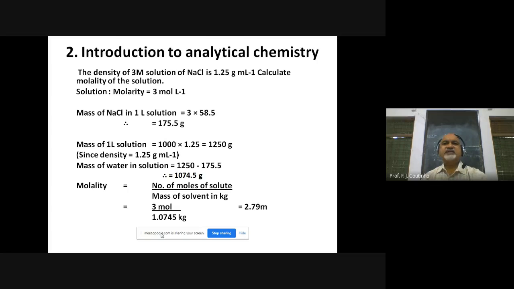That comes to 175.5 grams of NaCl in the solution. The density of the solution is 1.25 grams per ml, so the mass of 1 liter solution is 1000 ml into 1.25 grams, that is 1250 grams of solution.